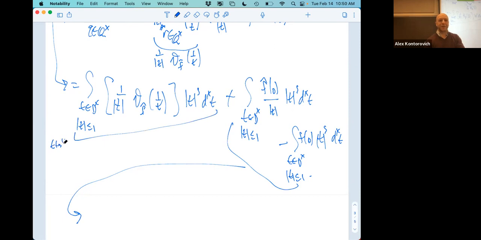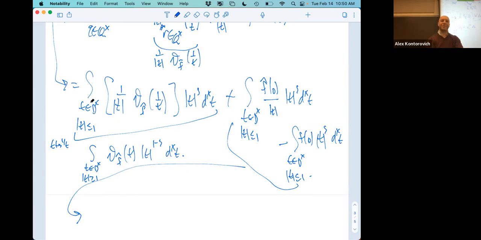We're going to send t to 1 over t. This becomes an integral over t in this fundamental domain, but now with norm greater than 1, I have a theta function at f hat of t. I have an absolute value of t, which now becomes that to the minus 1. There was an extra factor of t here, so this is absolute value of t to the 1 minus s, and we're invariant under this map.